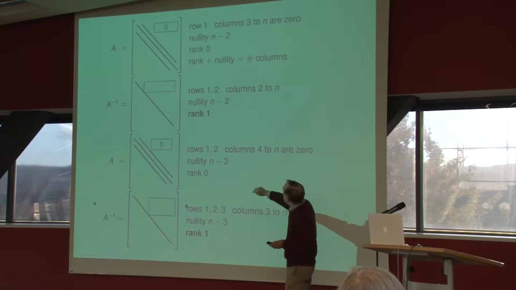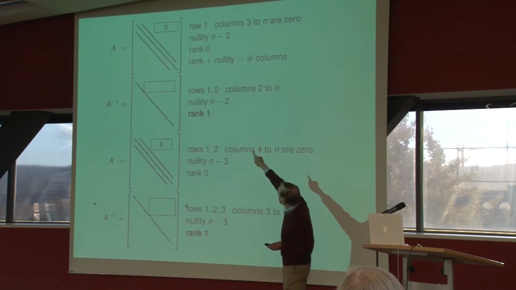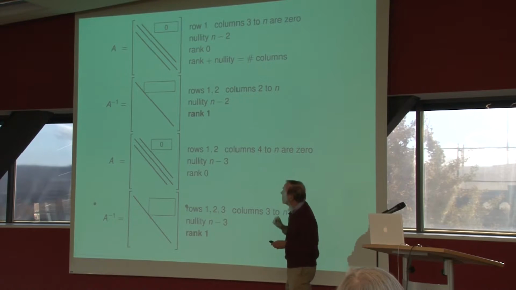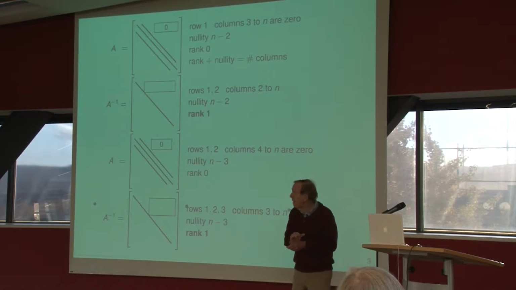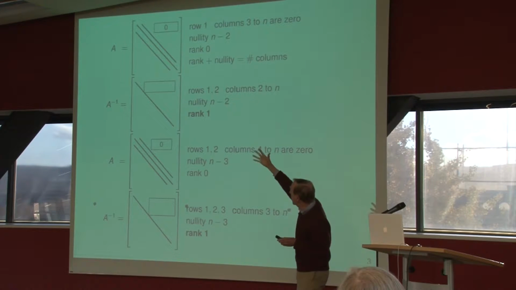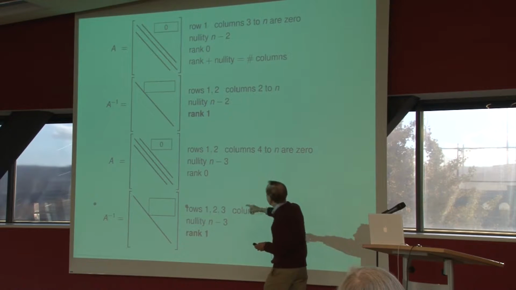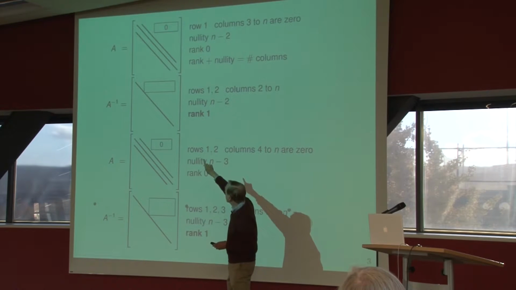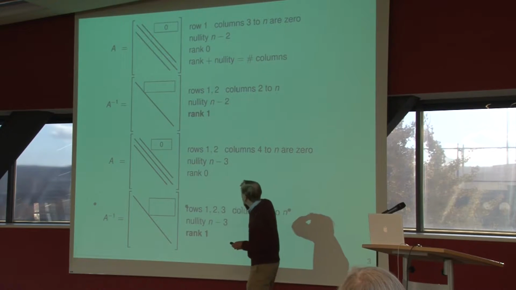So there's the matrix A, and you can see the submatrix, the all zeros submatrix that I'm paying attention to. So that all zeros submatrix, of course it's all zeros because A is tridiagonal. And now I want to find out something about the corresponding matrix in A inverse.